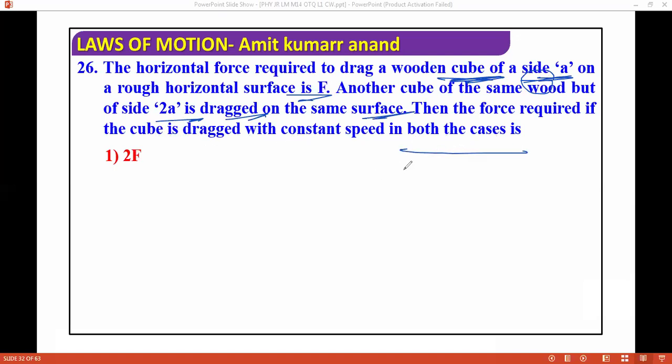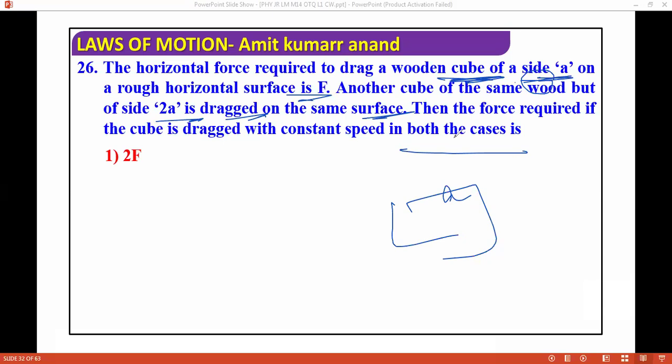Basically, in the first case everything is the same, the side is A. So here I should mention the total mass.